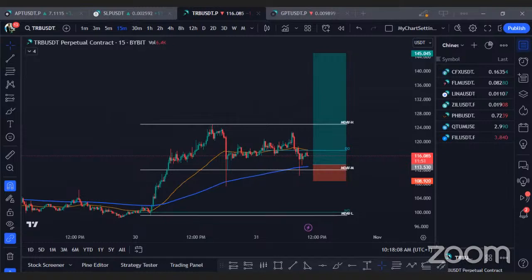Any other thing, just let me know, if you come across anything that you want us to look at and trade. So Pepe just got triggered. I've equally set that limit order for TRB. Let's see how those play out, all right?